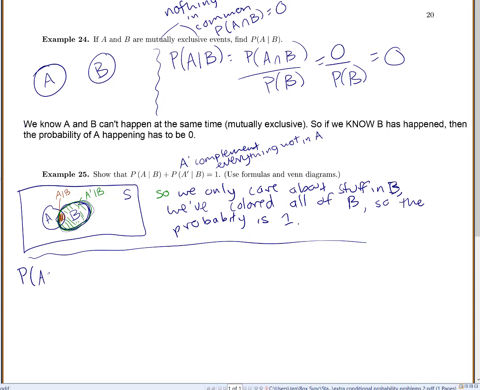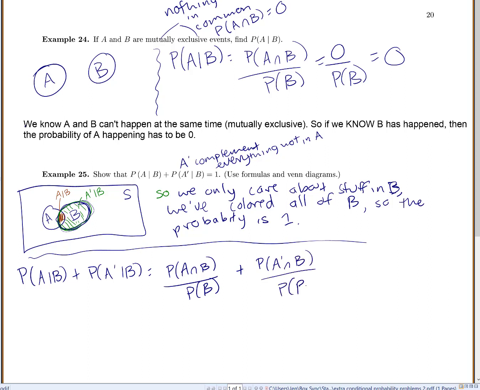So the probability of A given B plus the probability of A complement given B. Well, let's write out each formula. Probability of A given B would be the probability of A and B over the probability of B, plus, for A complement given B, the probability of A complement and B over the probability of B. Notice this is a common denominator, so we'd add those together.